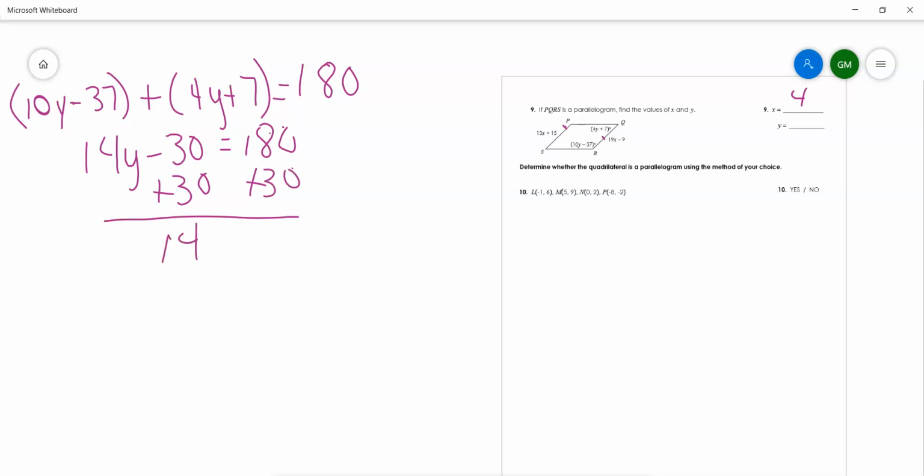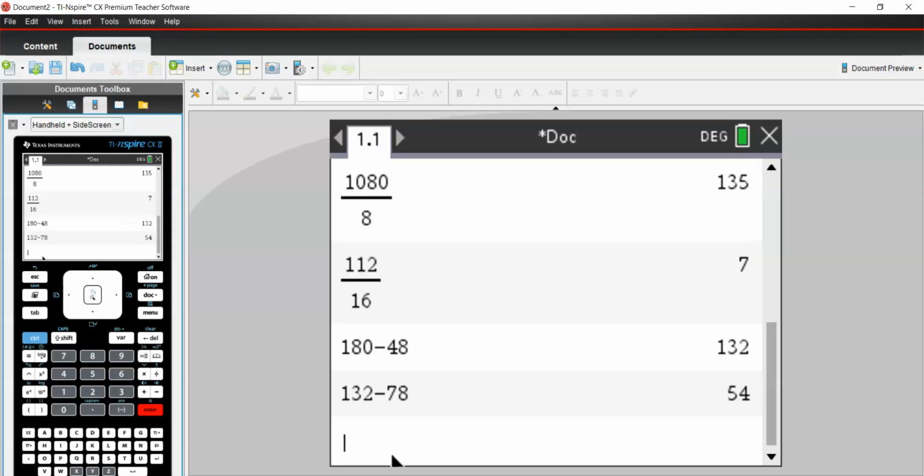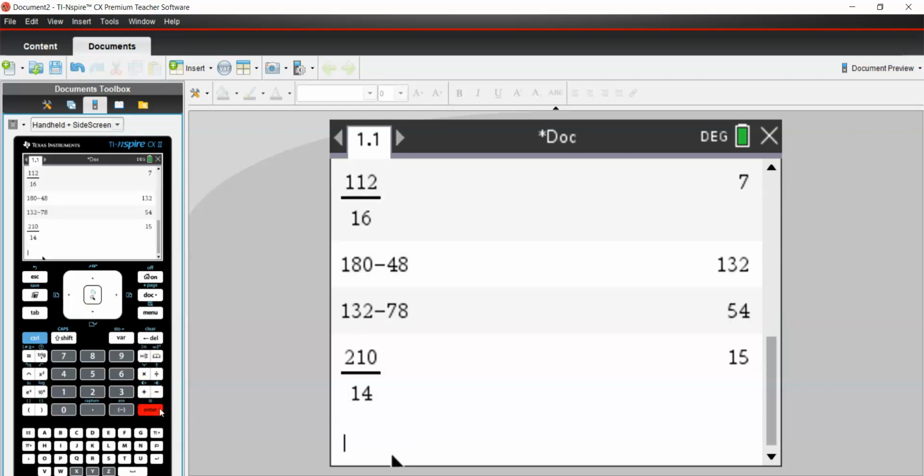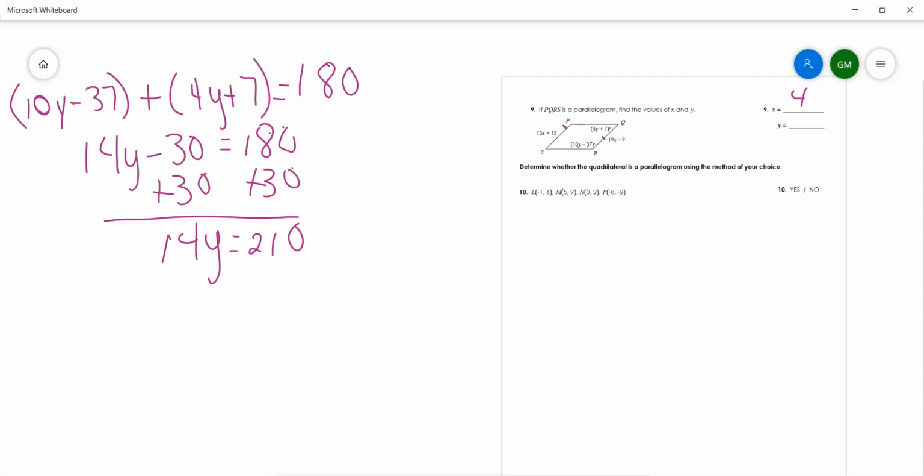We get 14y equals 210. Divide 210 by 14 and we get 15. Okay, so x equals 4, y equals 15.